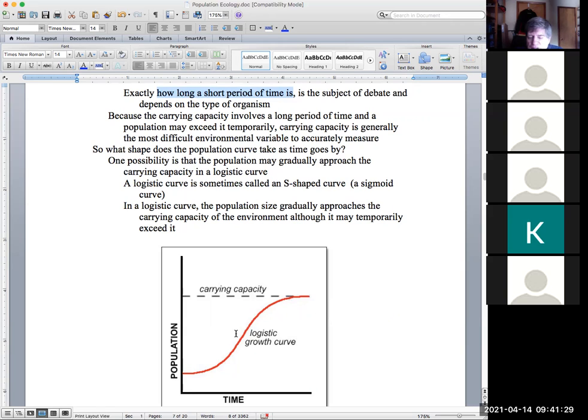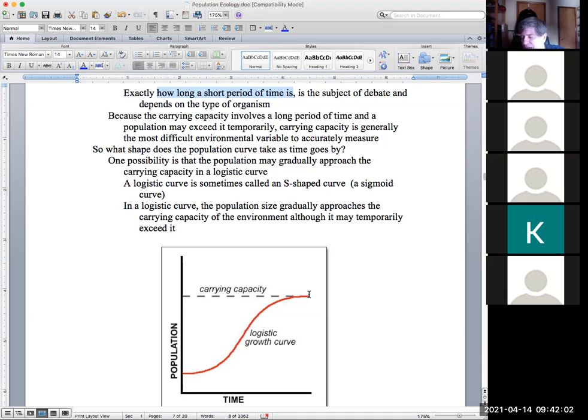When we look at this, what we see is that the population size very gradually approaches the carrying capacity. Doesn't mean it won't go slightly over the carrying capacity, but it approaches the carrying capacity relatively slowly. We often see a curve like this in animals or plants that live very long lives, that have a relatively low reproductive rate.